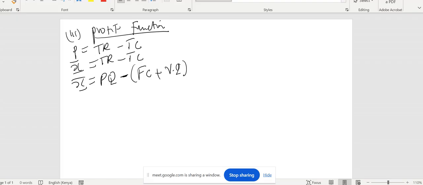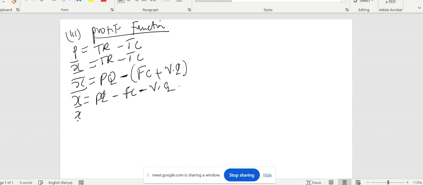So then we want to combine this and come up with a better equation. What is common here? Q. So I can open the bracket and say profit is equal to PQ minus FC, this negative becomes here minus VQ.